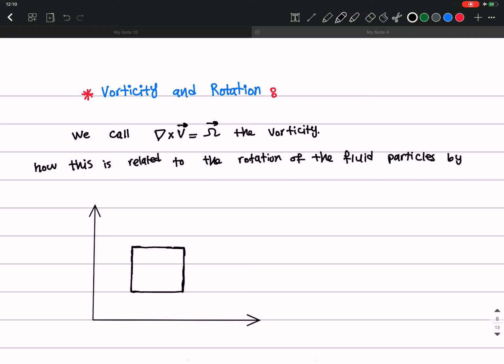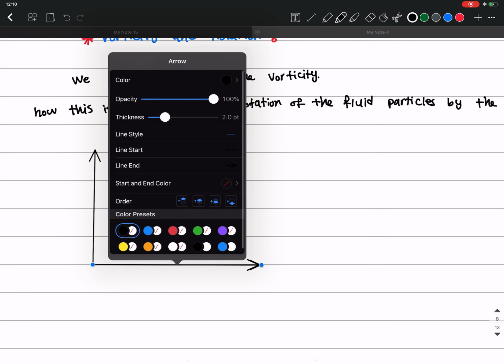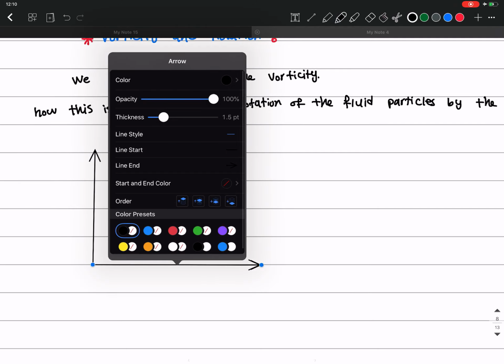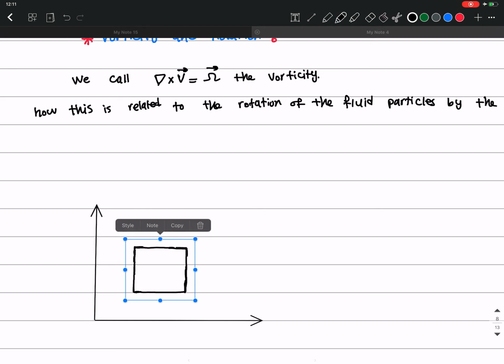By the rotation, let's say we have a rotation vector, let's say W or omega.